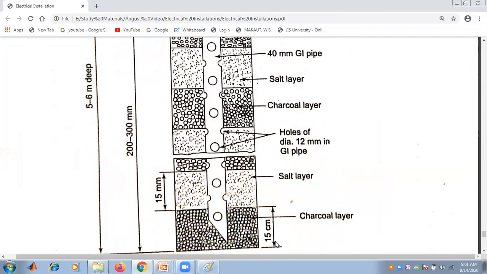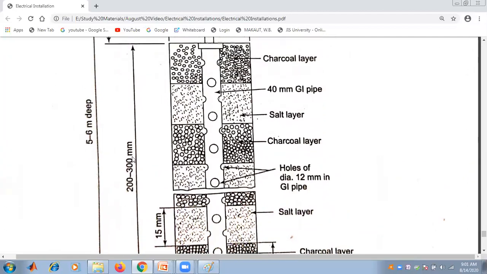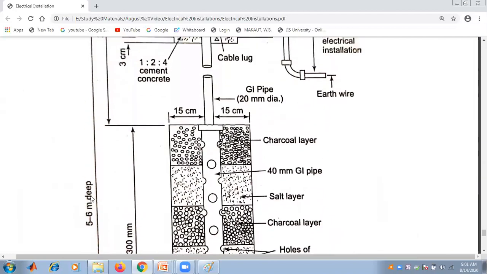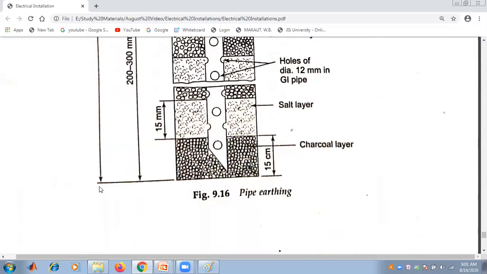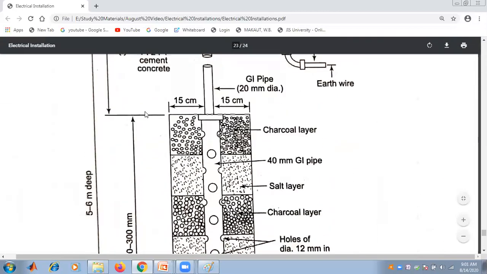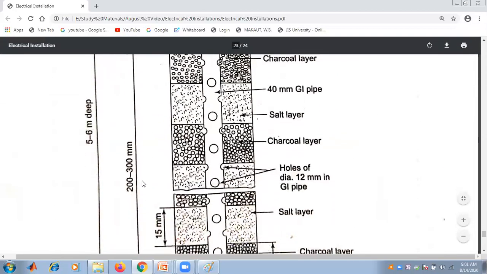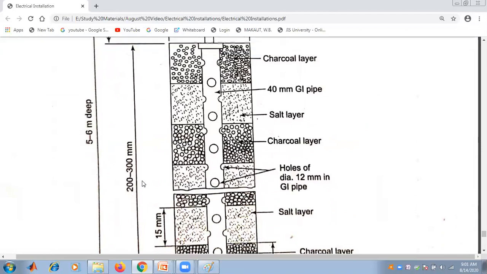It is the alternate way to give the charcoal and salt layers, and its height is up to 200 to 300 millimeters, and the depth that I have already told is 5 to 6 meter deep from here to here.